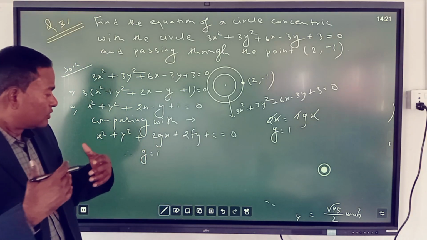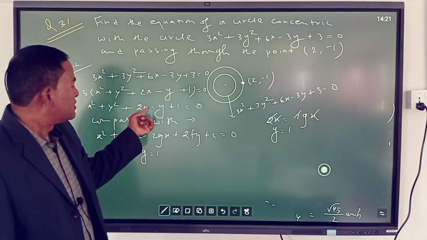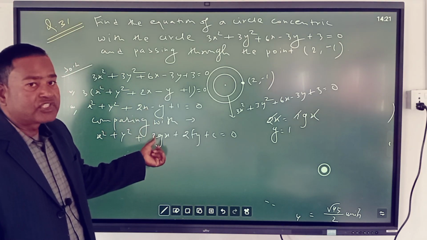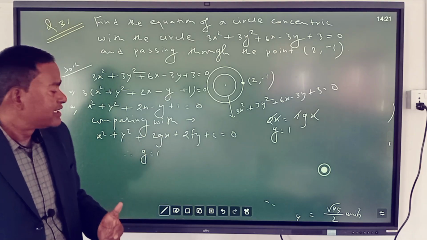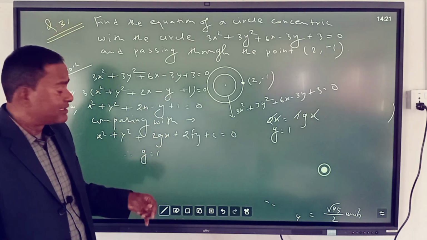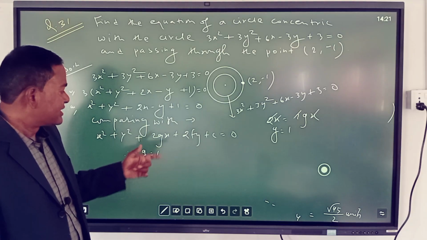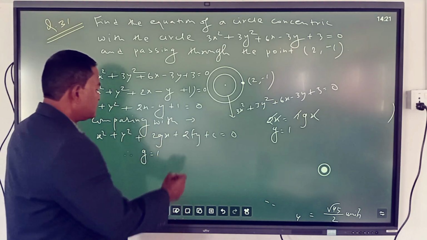So while comparing, we divide the coefficient of the term containing x by 2. Then we get the value of g, because x will cancel, and 2 divided by 2 is 1, so the value of g will be 1.